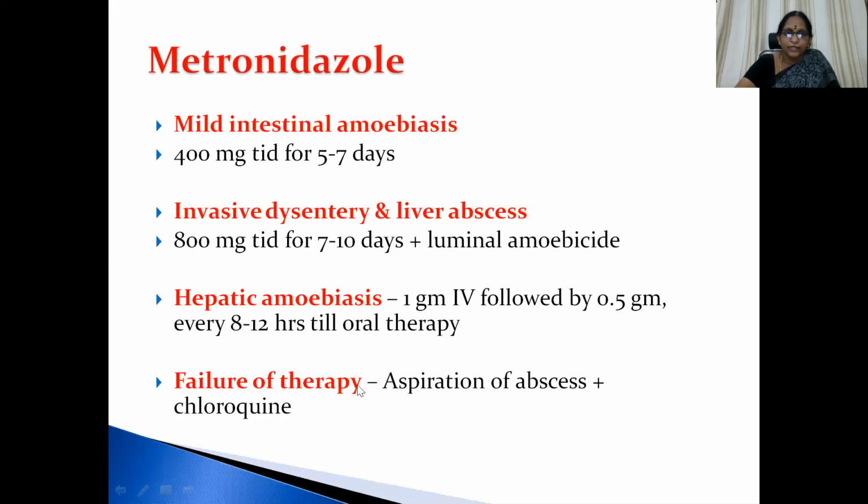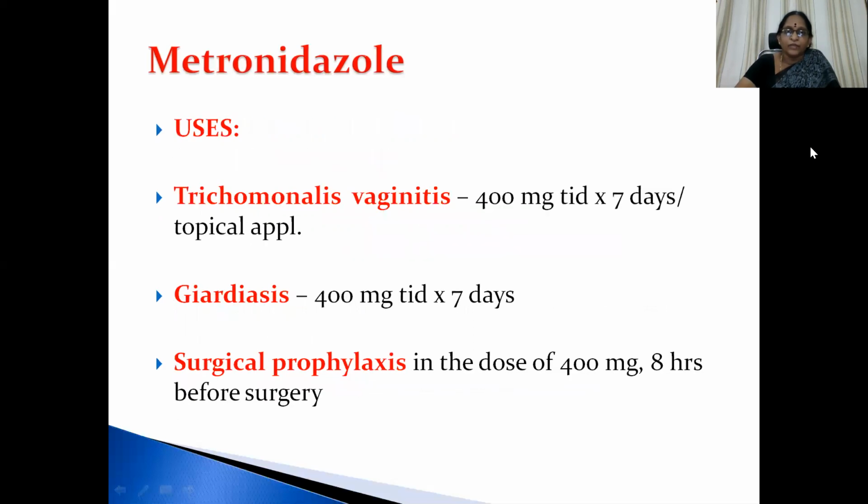Then failure of therapy: if the patient is not responding and recovering with any of these dosages, then you have to think about the possibility of an abscess inside the body, and identify the location of the abscess and aspirate it, or you may need to add chloroquine in case of amoebic liver abscess.